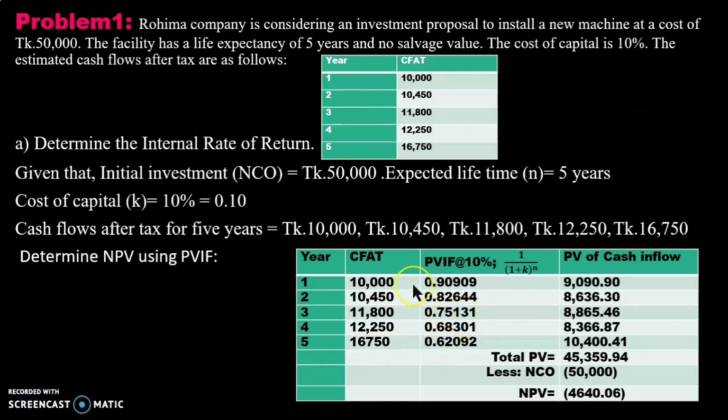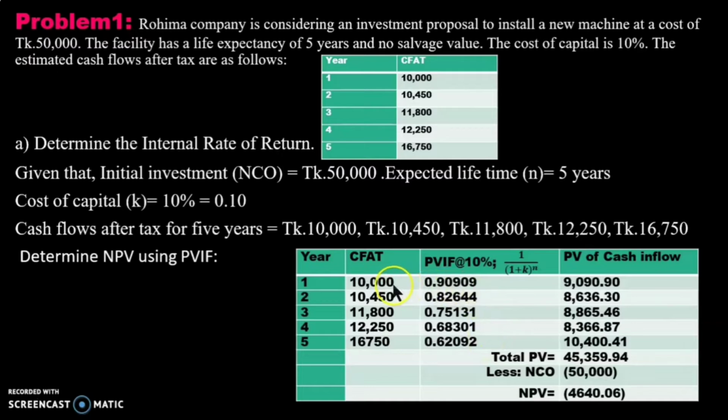Dear students, look at the table of PV factor. For the first year we get this value using this formula: 1 divided by 1 plus k, meaning 0.10, power 1 for first year, power 2 for second year, power 3 for third year, power 4 for fourth year, and power 5 for fifth year.